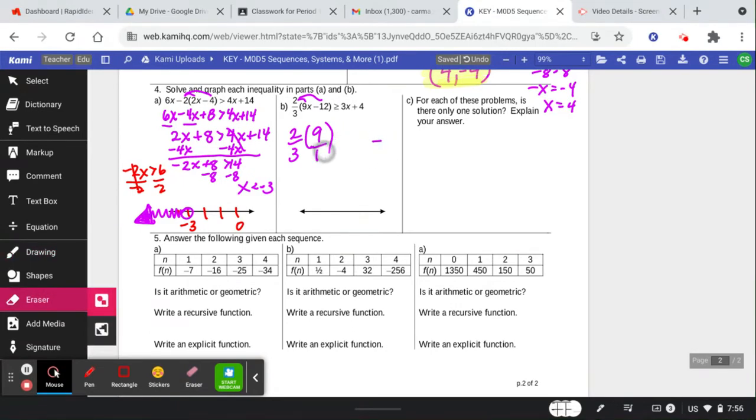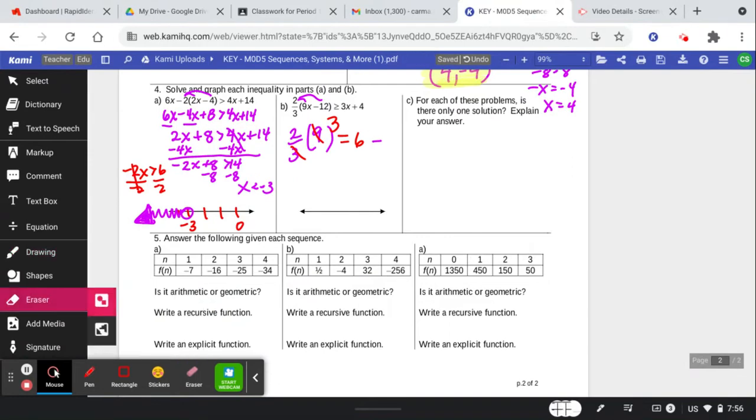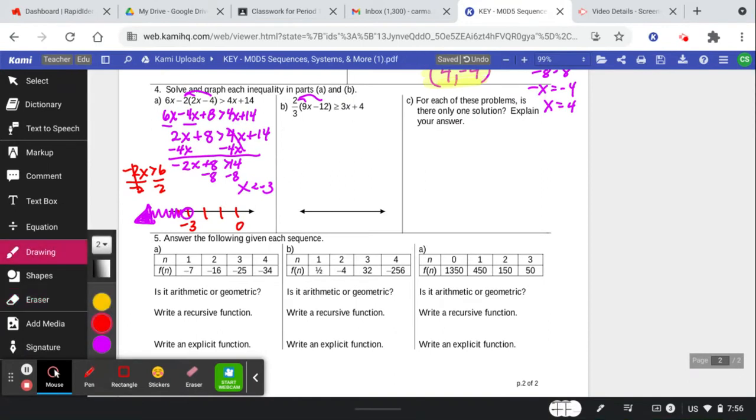Another way that some people see this is they know this shortcut of cross canceling. So you could say 3 goes into 9 3 times, and 3 times 2 is just 6. So either way you do it, we should yield 6 as the result. So 2/3 times 9x is 6x.